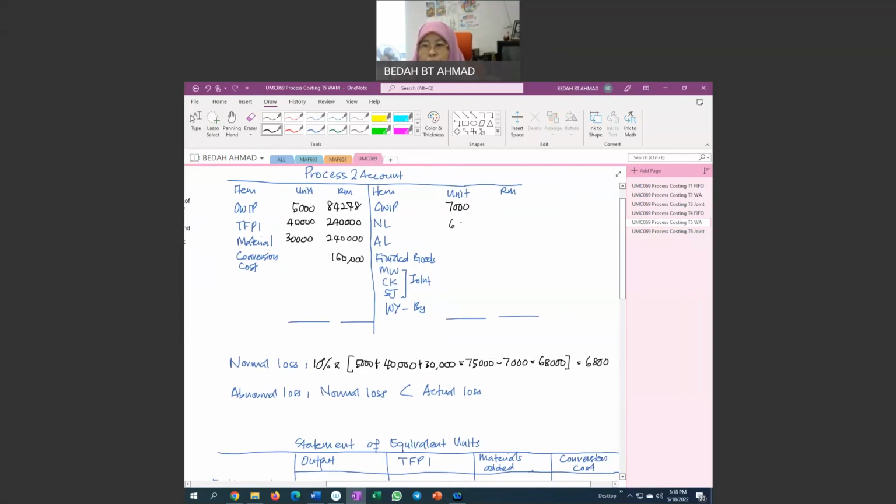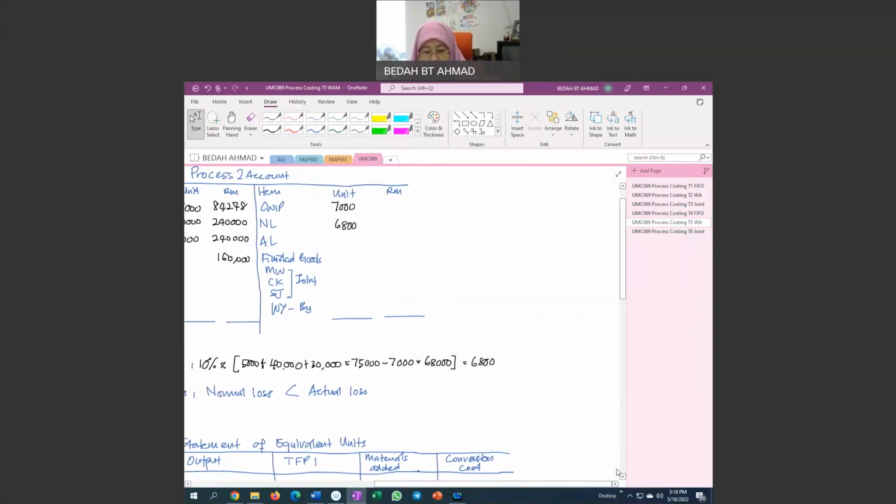This 6,800 is multiplied by the scrap value, which is 1 ringgit 40 cents. So it is RM9,520. Abnormal loss: we need to compare.